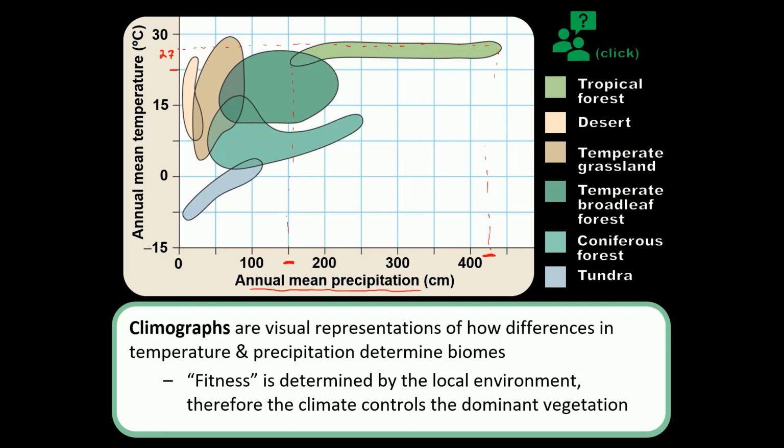And you know that if I were to say there's a forest with an annual mean precipitation of 350 centimeters of water per year and an annual mean temperature of 25 degrees Celsius, well, that would put the dot right here on the graph, and there's only one ecosystem that could survive under those conditions, and that's a tropical forest. Same thing over here. We could take a look at this.